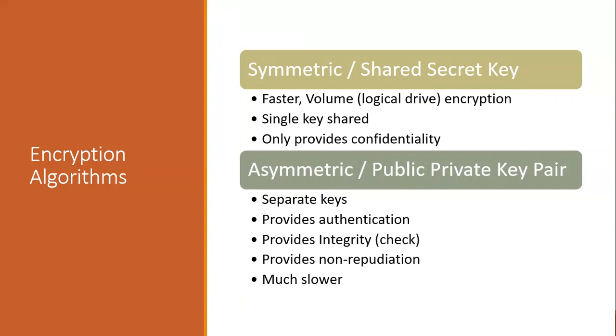If both keys don't match, then the message will not be read. The message will not be decrypted. It provides non-repudiation. It's much slower, however, because the encryption process also has to be reversed. So plain text has to be encrypted, and then becomes ciphertext, which then has to be decrypted by the recipient software at the recipient's end. That's why it's much slower.